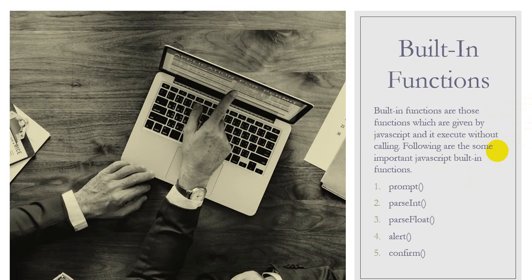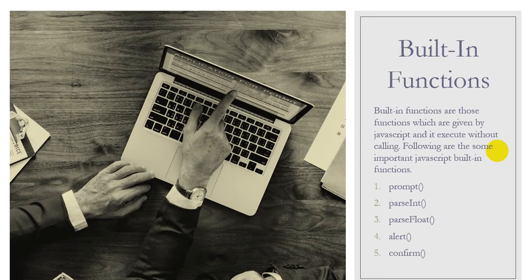In our previous lectures we have seen addition of two numbers. In that case we had to declare two numbers and assign values to them. But prompt provides a runtime interface in which the user can enter some value or number from the keyboard.